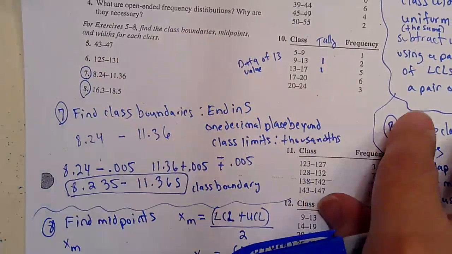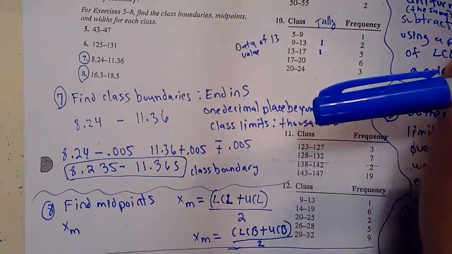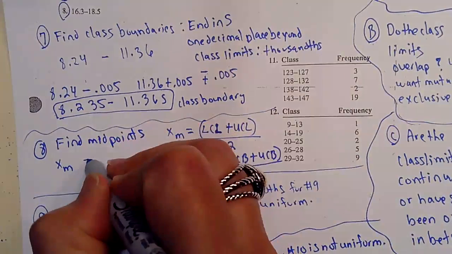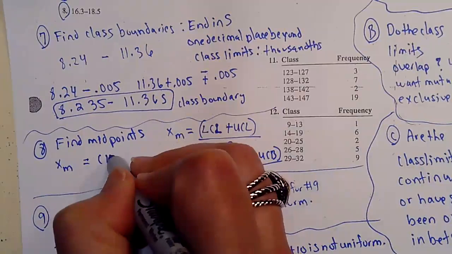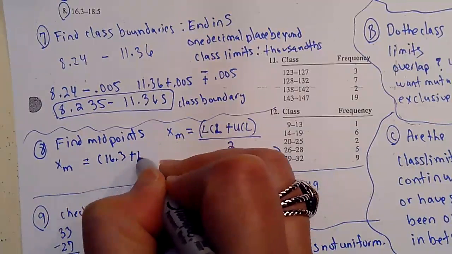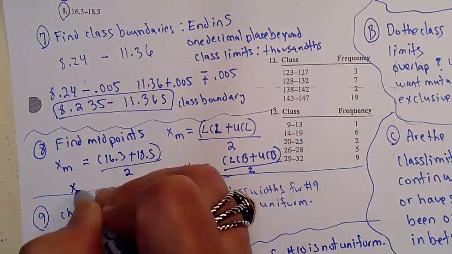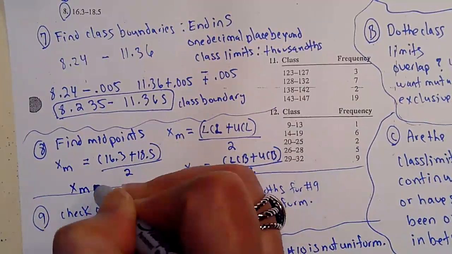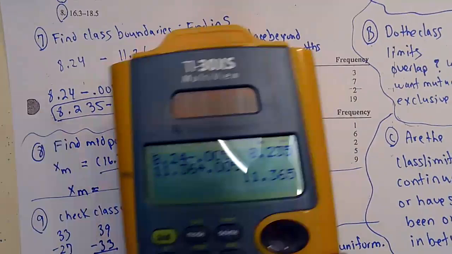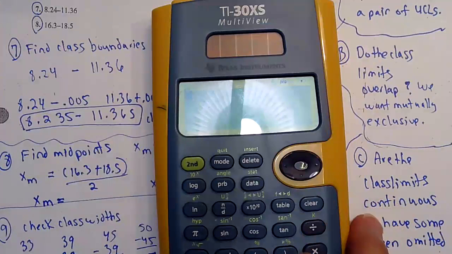Okay. So for number 8, I would take parentheses, 16.3 plus 18.5, and then divide that by 2. And you'd have to use parentheses. The parentheses are right above the 7 and 8. Sorry, I'm using my TI-30X today.